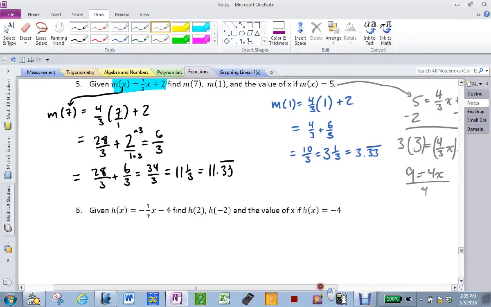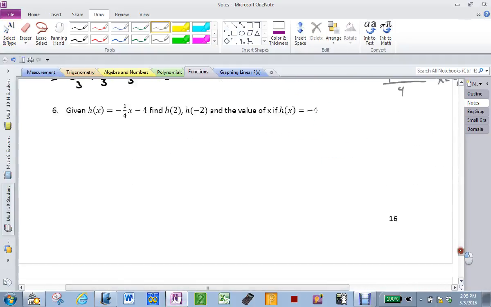Now, you guys should be getting close. You should have done at least h of 2 by now. So, let's do that. H of 2 is going to be negative 1/4 times 2 minus 4. Negative 1/4 times 2 is negative 1/2, yes? Negative 1/2 minus 4 is negative 4.5. Is everyone okay?